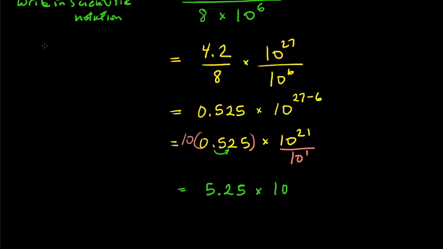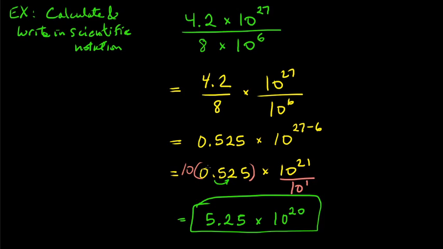So I multiplied by 10 and divided by 10. So now, 10 to the power 21 minus 1, right? Which is just 20. And there it is, right? So that's the answer.